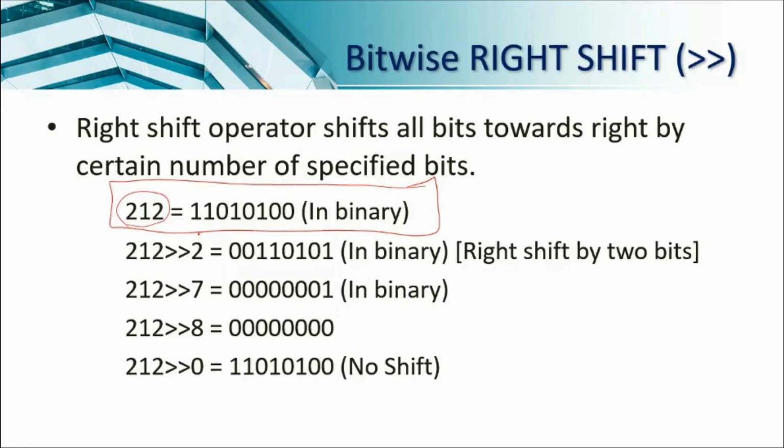So if we do an operation like 212 right shift 2, then what it does is 00110101. This is how it results.